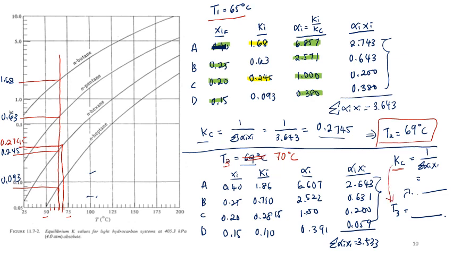Then actually in this example, the temperature that you got at 70 degrees Celsius, at the new Kc, you got still 70 degrees Celsius. So meaning that you can stop the iteration at this point, and after you have stopped, it's not the end, because you need to calculate the vapor in equilibrium with the liquid product.